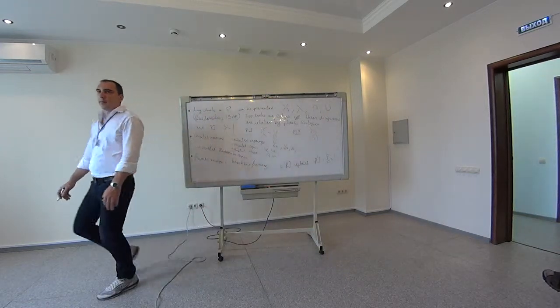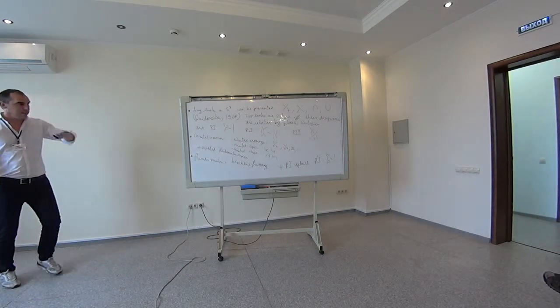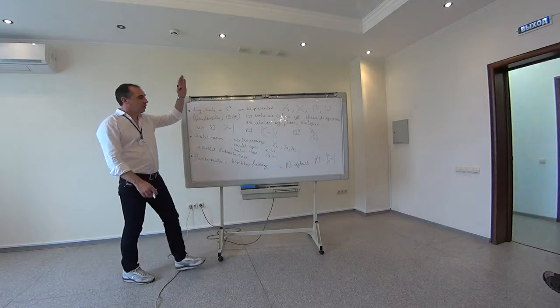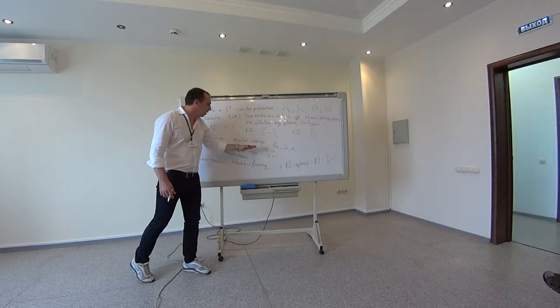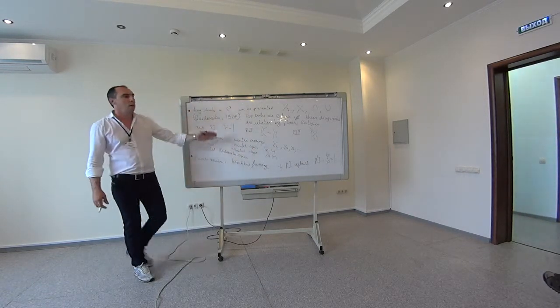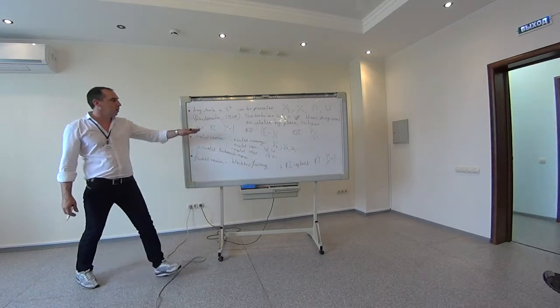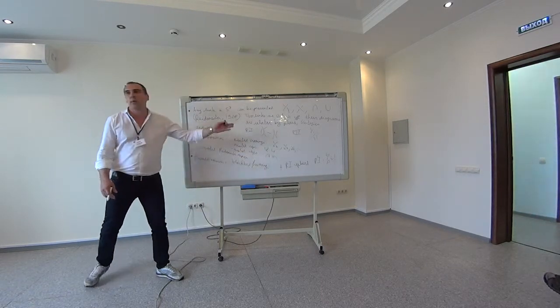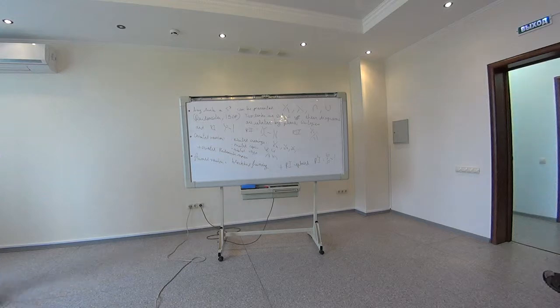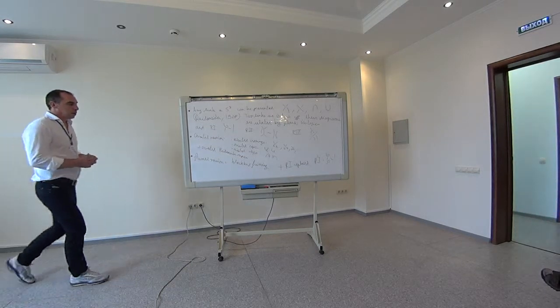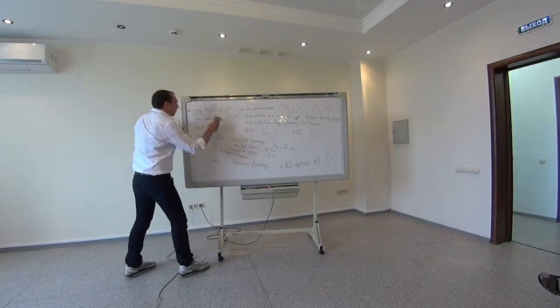Okay. So any framed oriented link may be presented with oriented crossing, cap, and cups. So these are generators, and relations are framed Reidemeister moves, the oriented version.